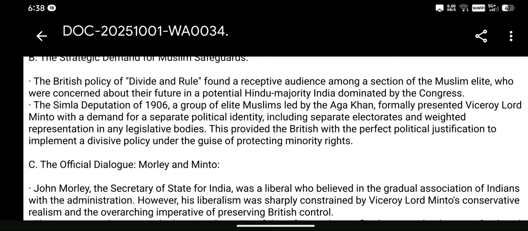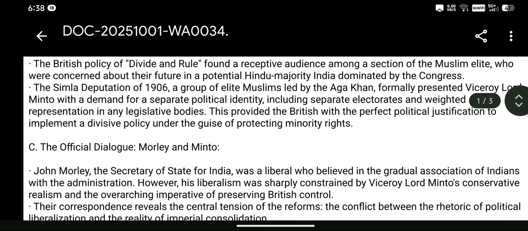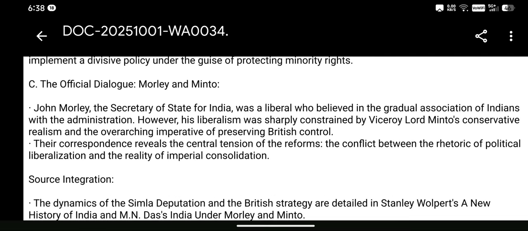The Simla deputation of 1906: a group of elite Muslims led by the Aga Khan formally presented Viceroy Lord Minto with a demand for separate political identity, including separate electorates and weighted representation in any legislative bodies. This provided the British with the perfect political justification to implement a divisive policy under the disguise of protecting minority rights.